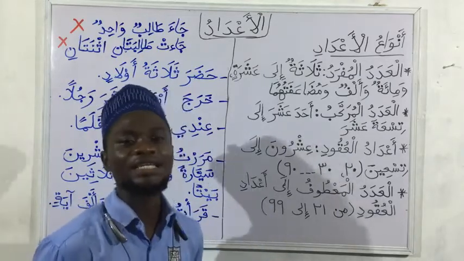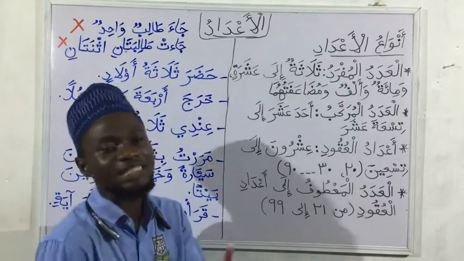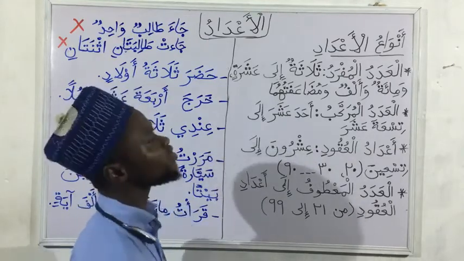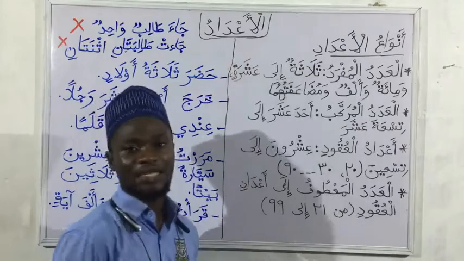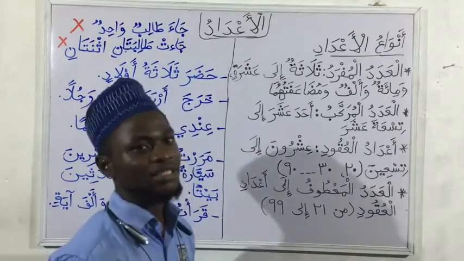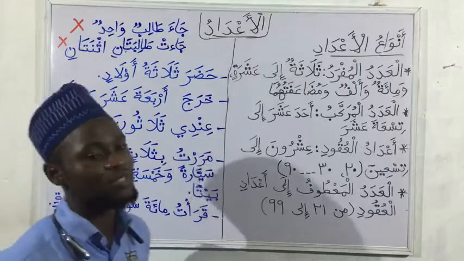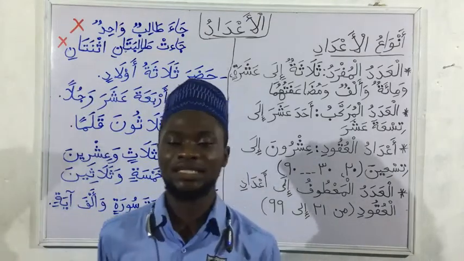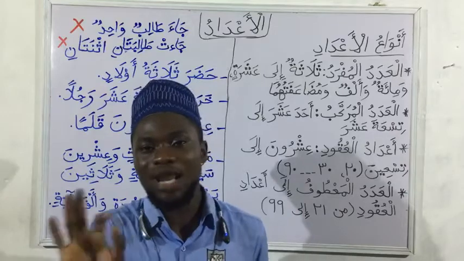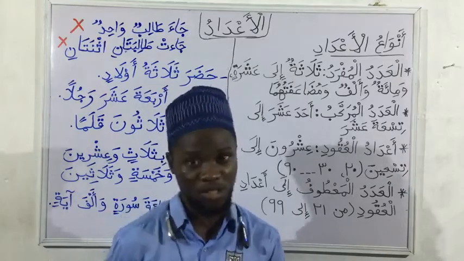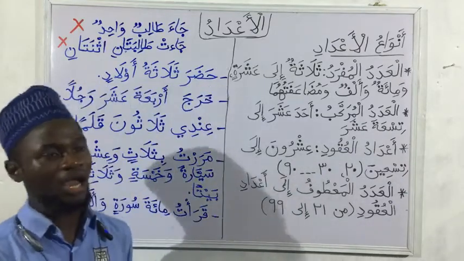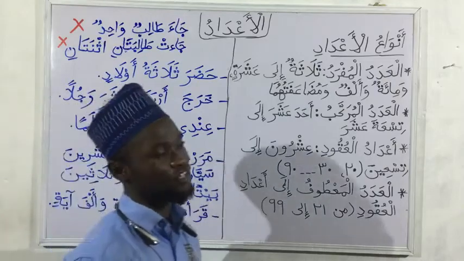But in Arabic, they are different depending on the type of adad it is. If the adad is from 3 to 10, then it will conform with the way of English. So we can have something like thalathatu awladin, 3 boys. Awlad is the plural form of walad, boy. So that conforms with the idiosyncrasy of English.